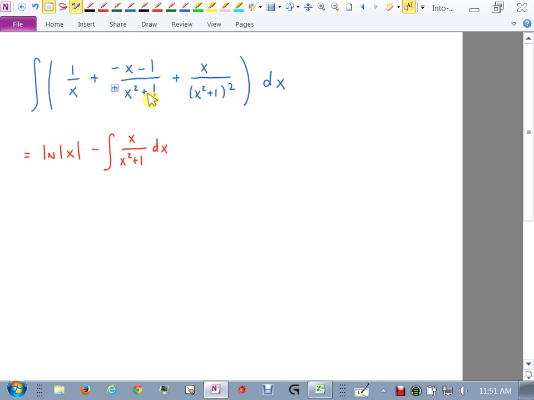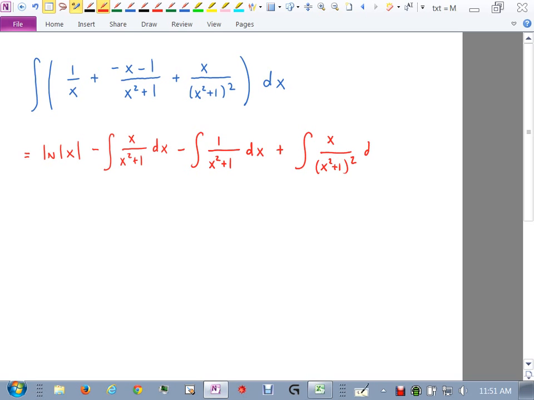That's a basic substitution. u is x squared plus 1. The derivative is 2x. I'm off by a constant, right? So I'll be able to handle that. And then if I do this one over that, minus integral 1 over x squared plus 1, that will be what? Arctangent. And then plus integral x over x squared plus 1, but this one's squared.